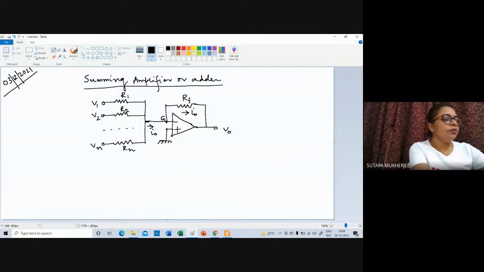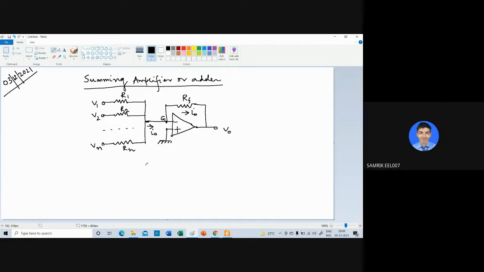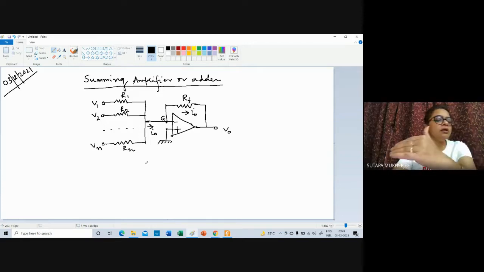So how to calculate? Write down: since the current flowing into the virtual ground is equal to the current flowing out of it. Is it clear?